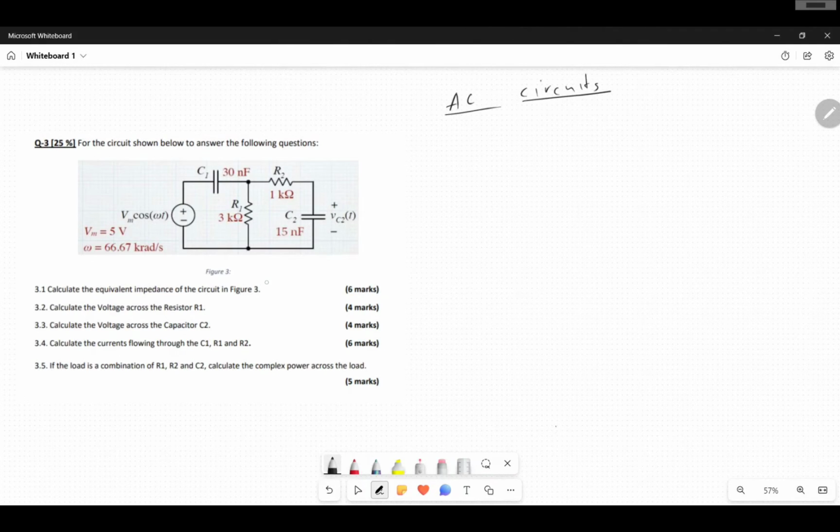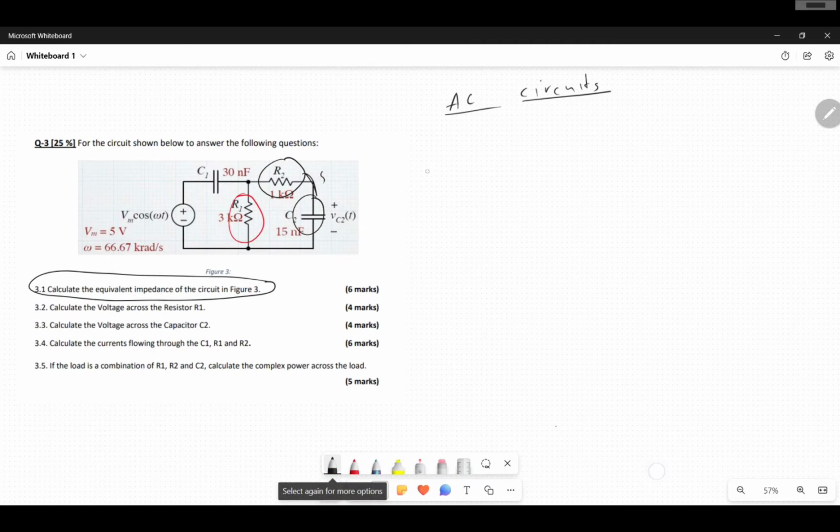So the first question that we'll be looking at is this one: calculate the equivalent impedance. We have to notice that this one and this one are in series, but they are in parallel with this one.